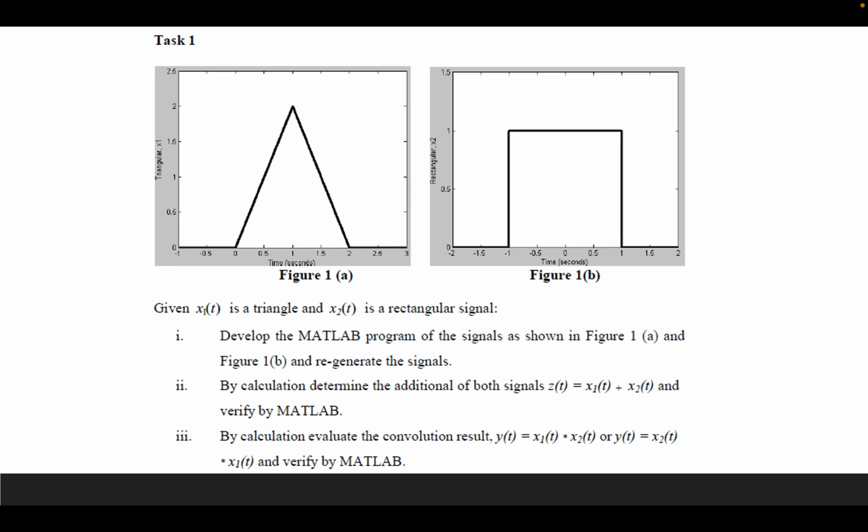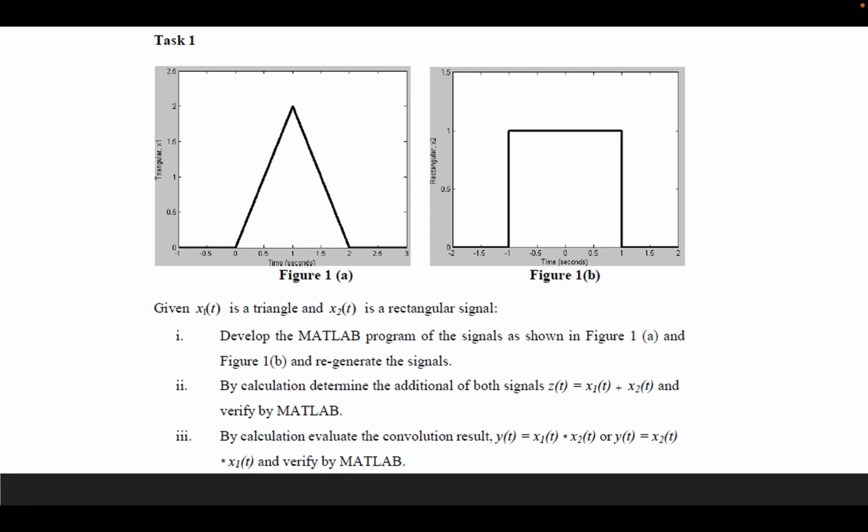This is task 1. Given x1(t) is a triangle and x2(t) is a rectangular signal. Number 1. Develop the MATLAB program of the signals as shown in Figure 1a and Figure 1b and regenerate the signals.